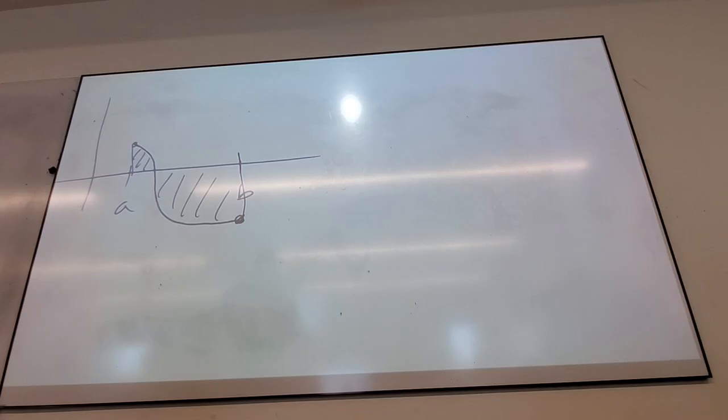You have rate times time. 80 miles an hour for 2 hours. If I multiply those, I get how far I go. Yes? So rate times time is distance. The d equals rt formula, yes? Alright, just stop for a minute.